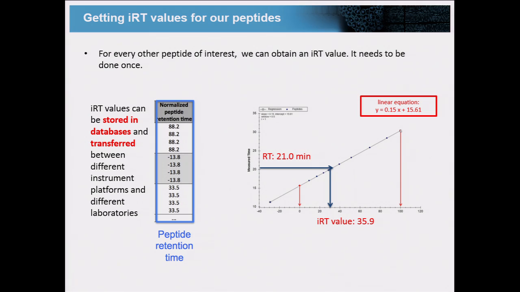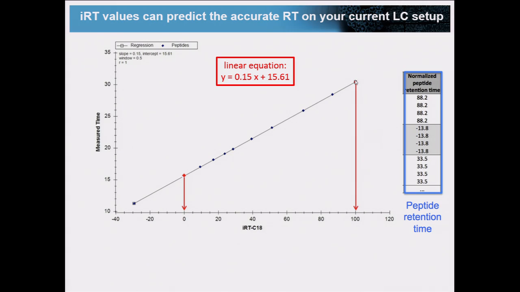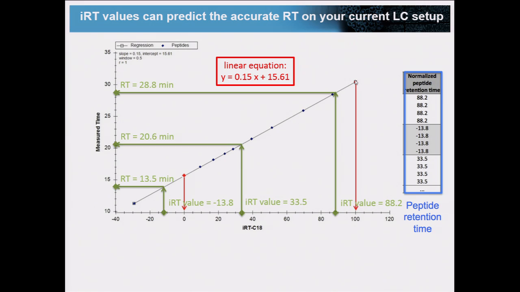And what we said now is that once we have them measured and stored, we can use them for prediction. So we're going to take these values, we're going to map them on the iRT axis. We know now this minus 13, 33, 88, and now we're going to use the same linear equation and derive retention times in minutes.